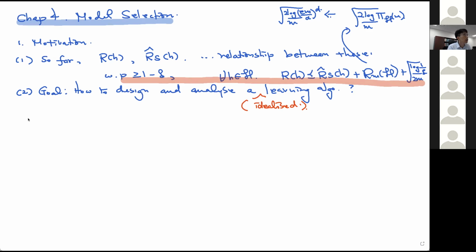So now let's try to answer this question and see where the idea of model selection actually comes from. So one naive answer to the question that I just raised, how to design a learning algorithm, there's actually a very immediate answer, which is doing so-called empirical risk minimization.